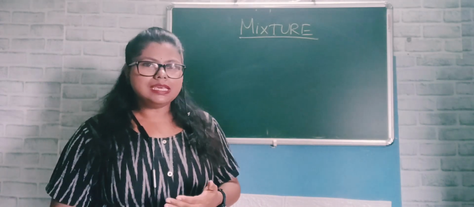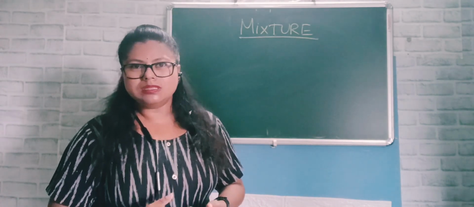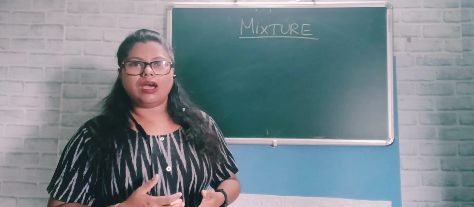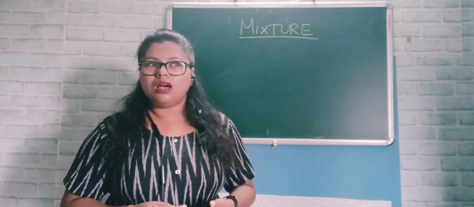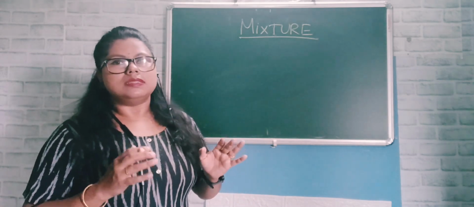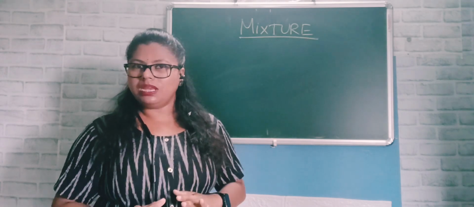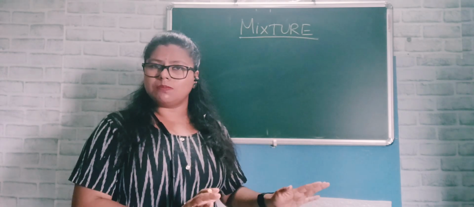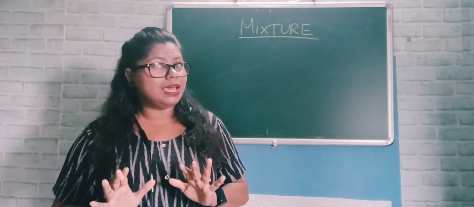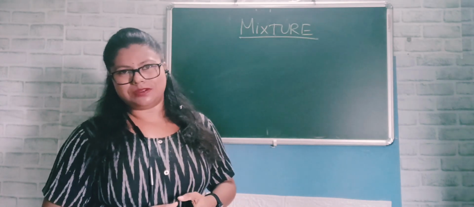Because it is made up of a few types of elements, or a few types of compounds, or a mixture of compounds, anything. So in chemistry, a mixture is something which is made up of 2 or more substances but not chemically bonded. They are physically mixed together.